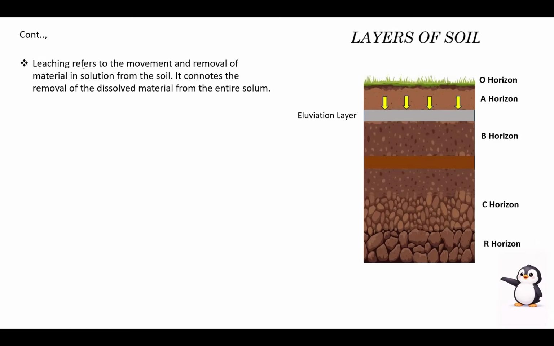Leaching refers to the movement and removal of material in solution from the soil. So leaching is nothing but movement and removal of materials. Whatever materials are developed here will be removed in solution; that is called leaching. It is the removal of dissolved material from the entire soil. During this, different elements will have different mobility.